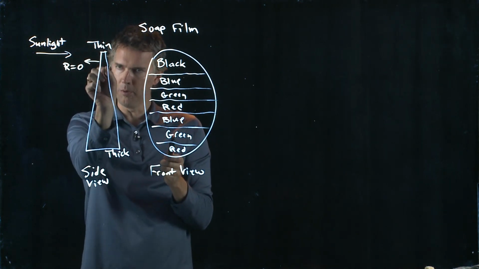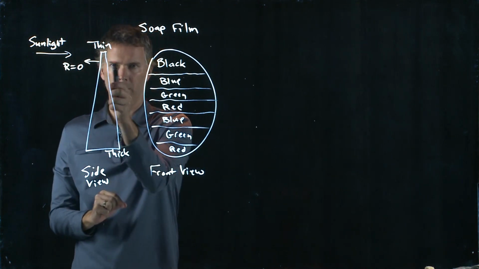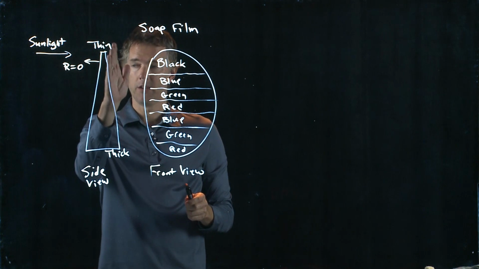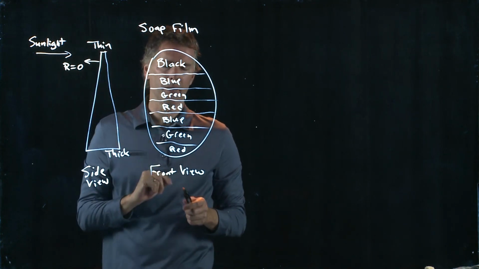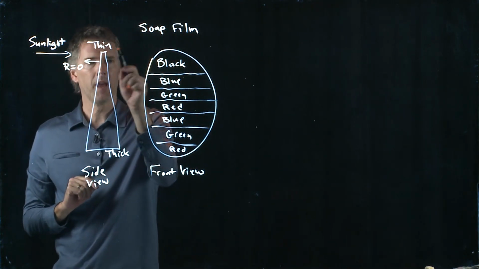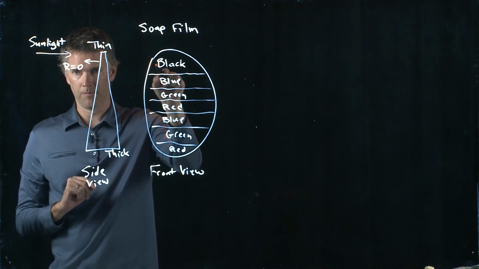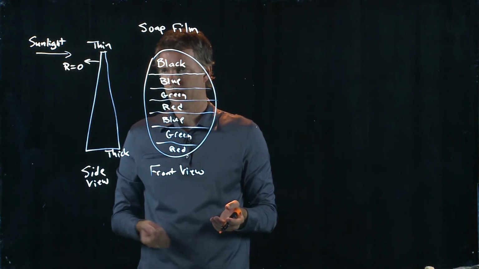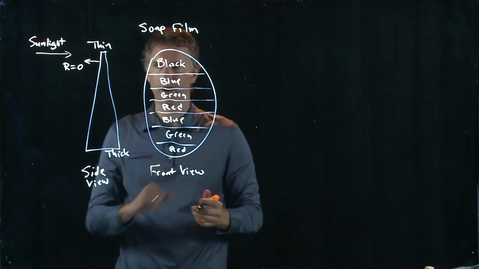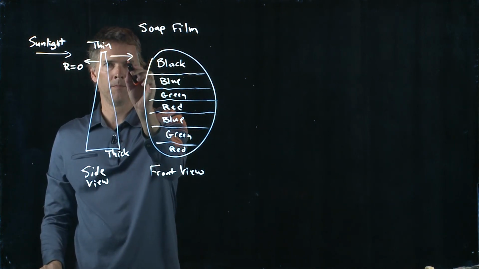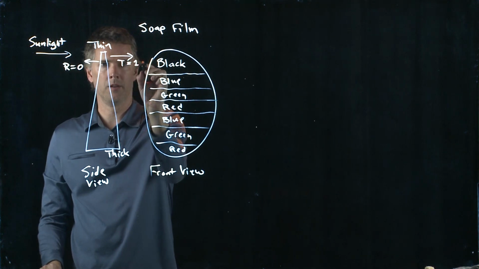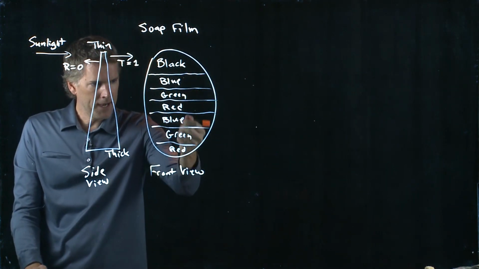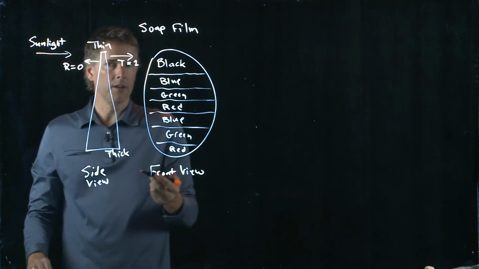Where the soap is really thin, you can ignore the propagation through the film, and so it's that phase change of 180 degrees between the front and back reflection that means no light returns. And so that's why that soap bubble looks black. Okay? All the light just keeps going right on through. The transmission is 100%.